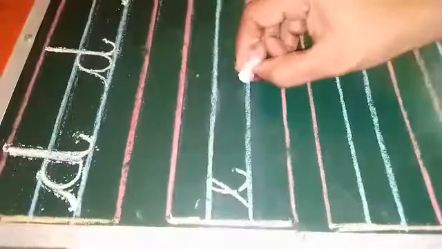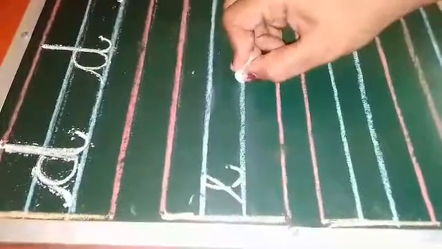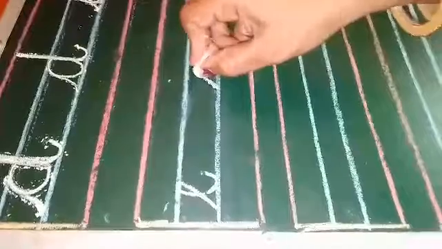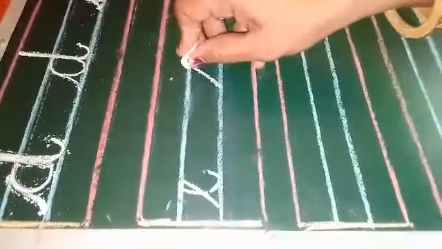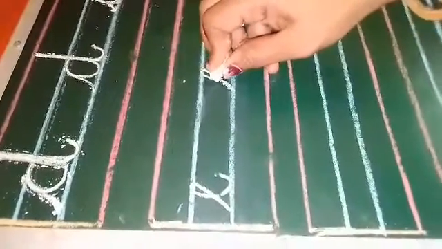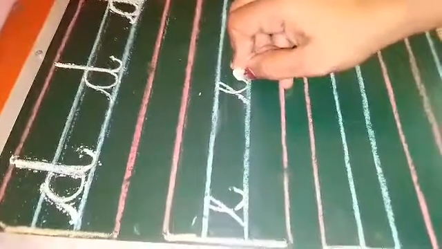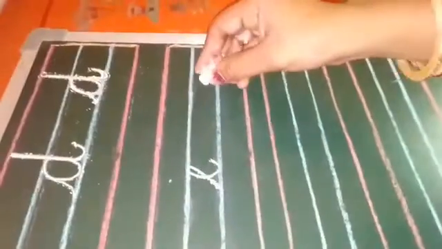Okay. Slanting line from third line to second line, and then a little bit round it and down, second line to third line and a little bit upward.